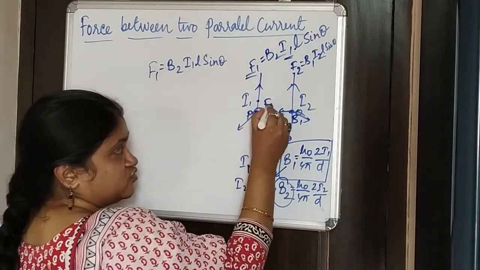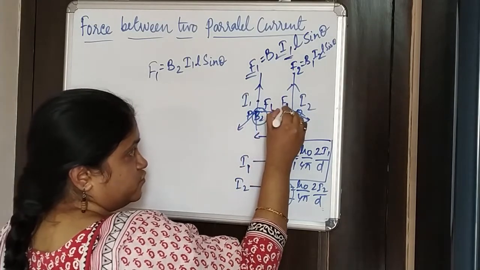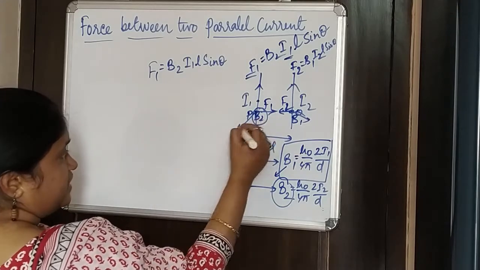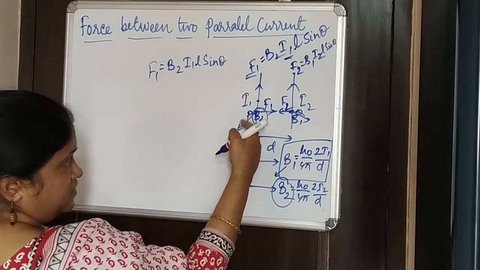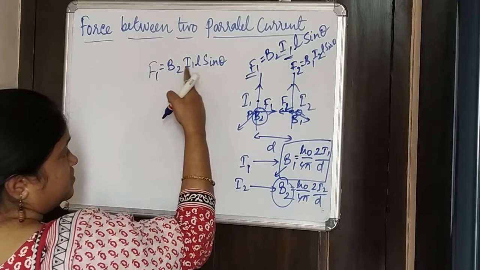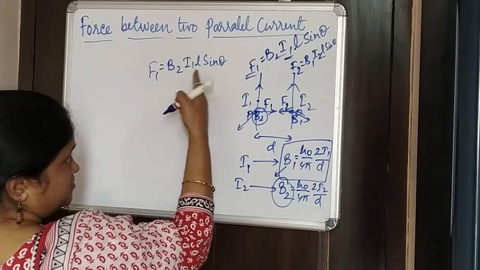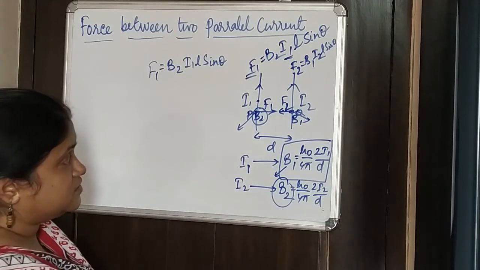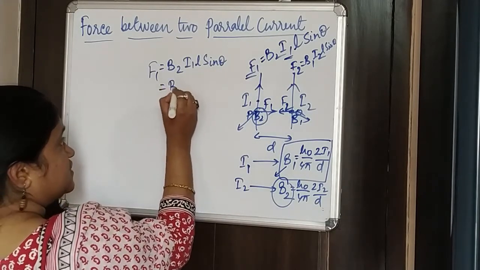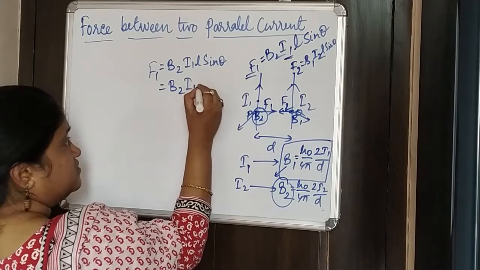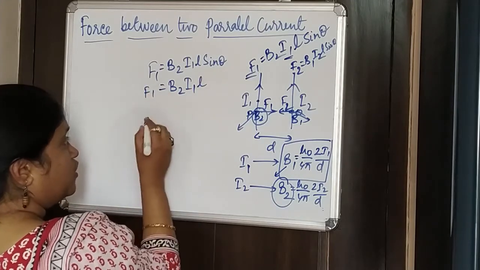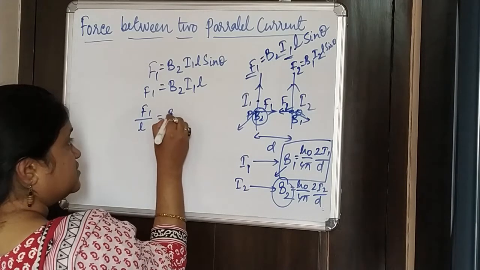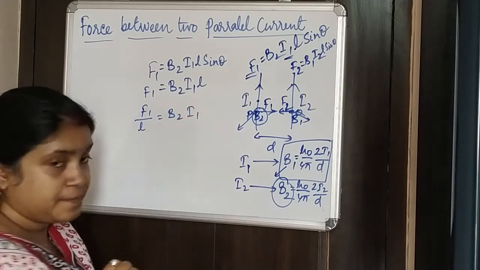So this is the direction of force 1 and this is the direction of force 2. The current and the magnetic field make an angle of 90 degrees. So we can write F1 by L is B2 I1.